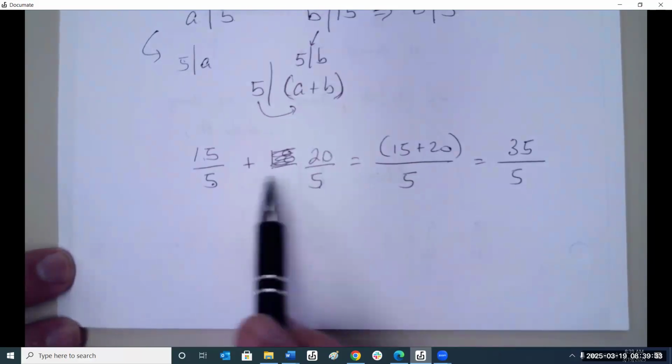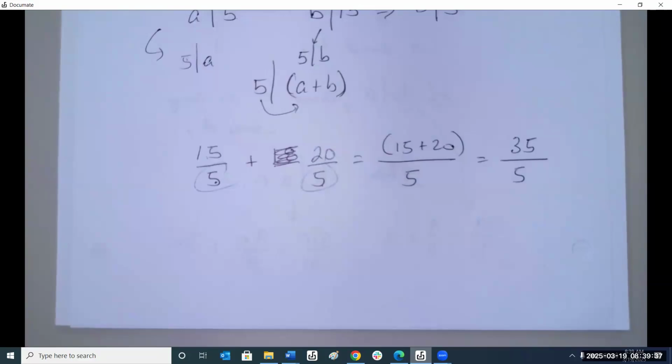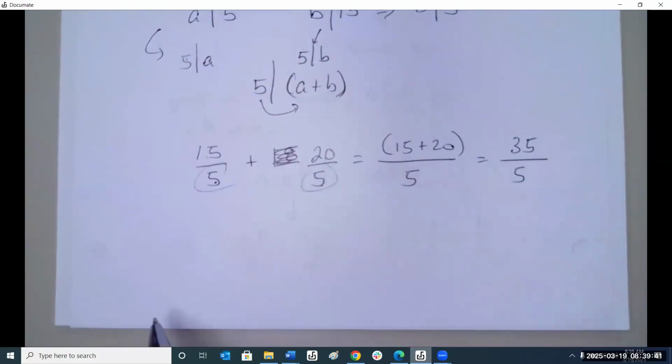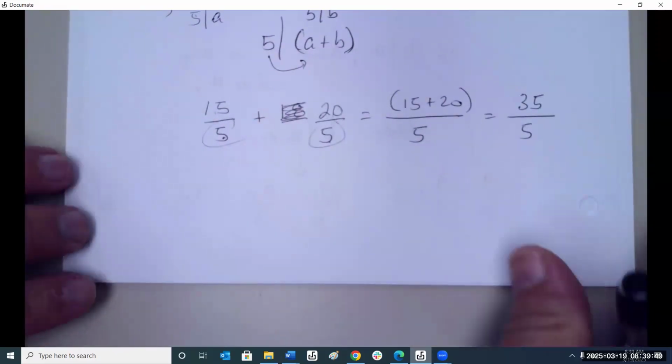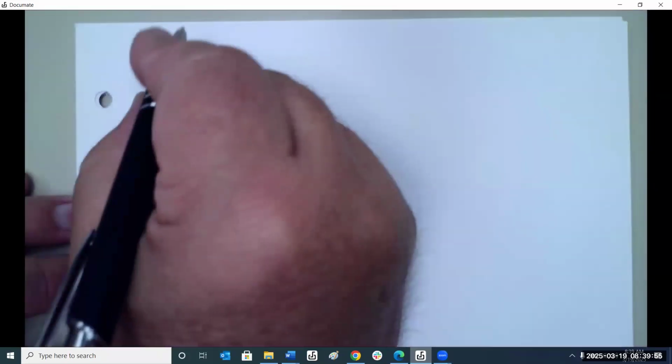This is how we add fractions. If you have a common denominator, what do you do? Add the numerators. And this all goes with this rule here. If it's a divisor, then it works. Theorem 4.2. These are the properties now.